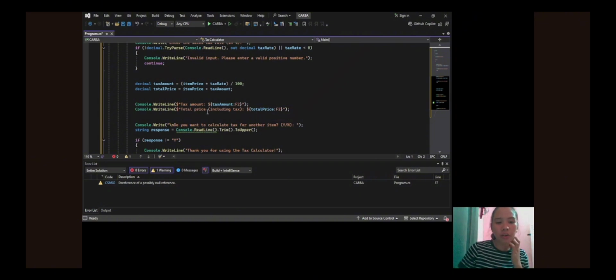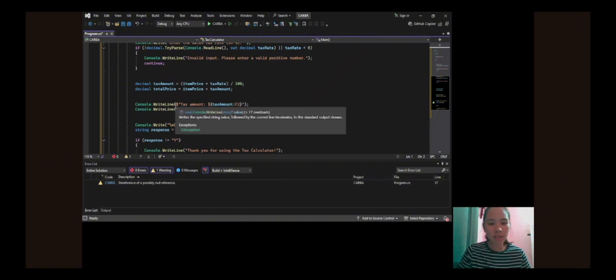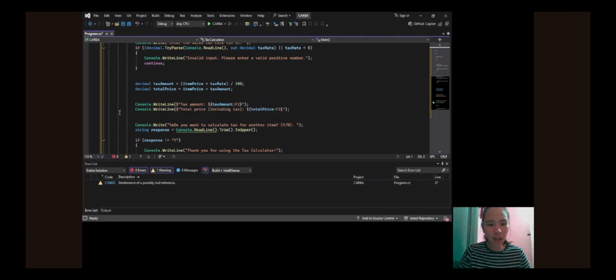So Console.WriteLine. This line uses string interpolation, with which we can insert a variable using the dollar sign. When inserting a variable, it must be inside curly brackets.